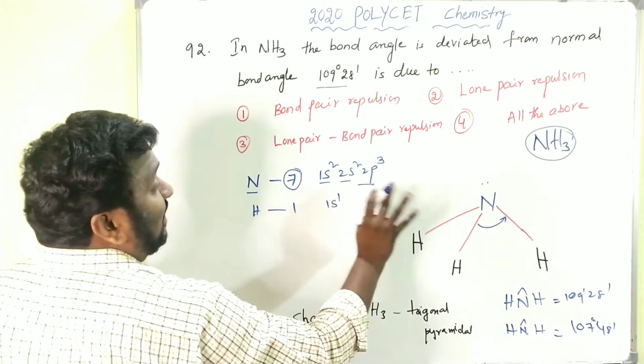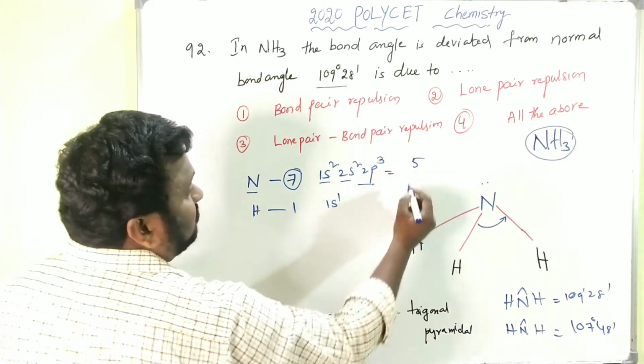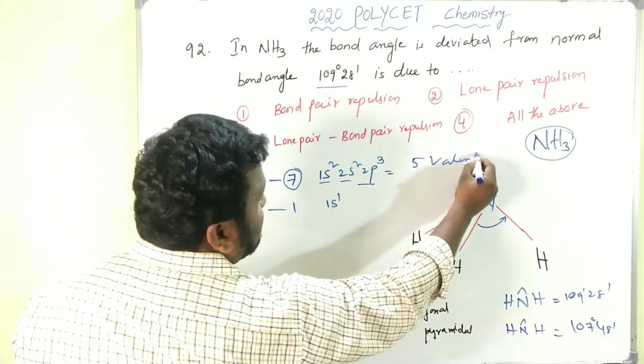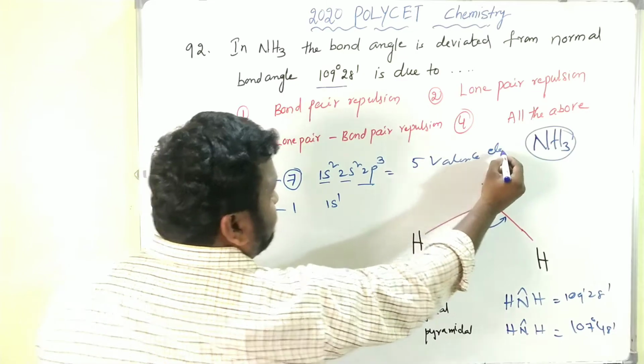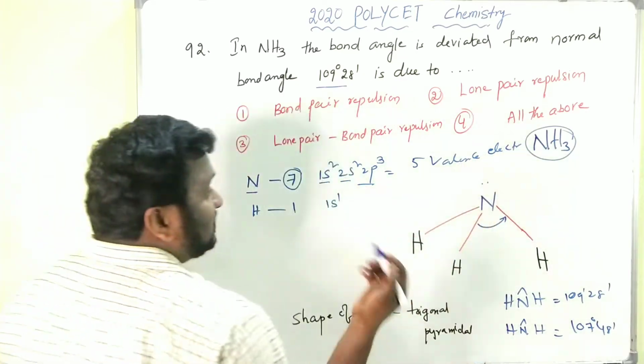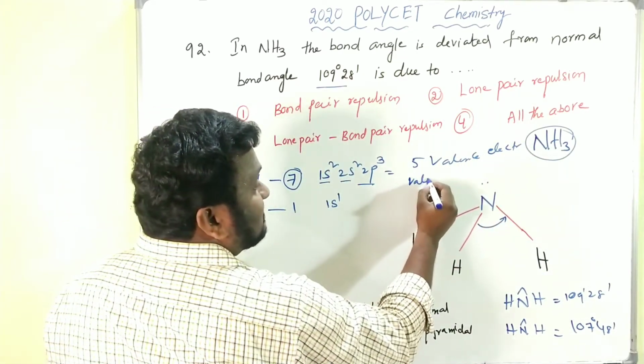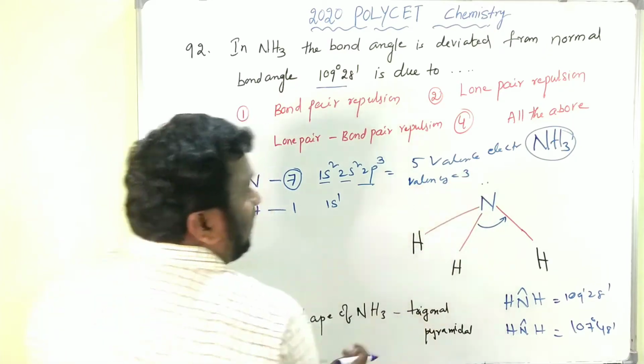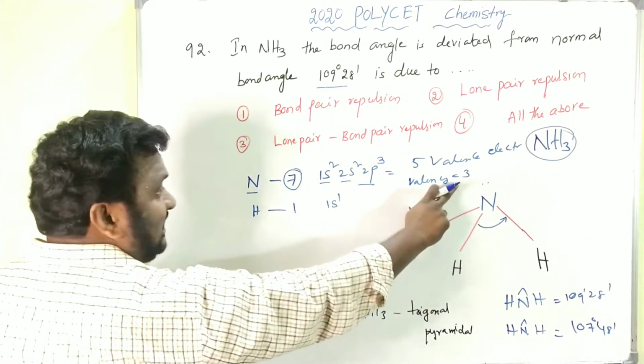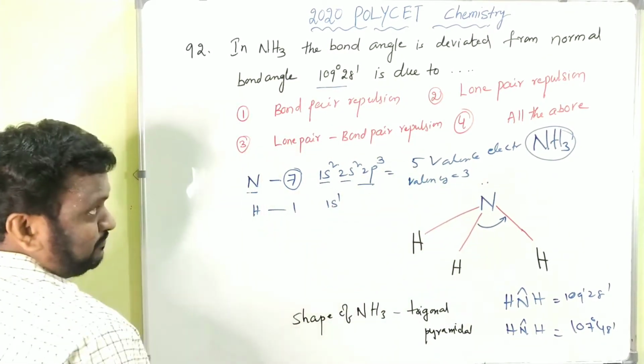How many valence electrons are there? 5 valence electrons. And what is the valency? Valency is 3. If nitrogen gains 3 electrons, it will get stability.